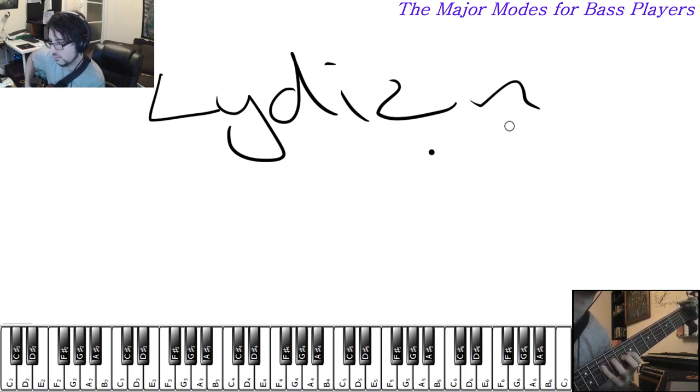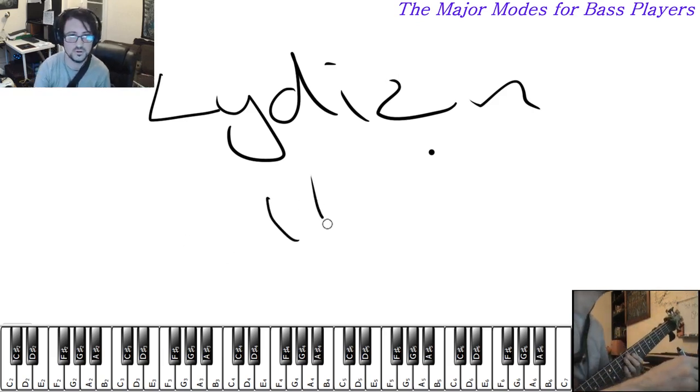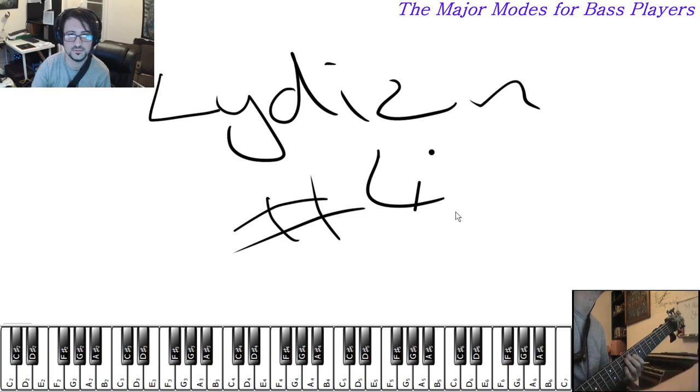So that tritone there. So that's the interval to listen out for, the sharp 4, because that's what makes it different from the major scale.